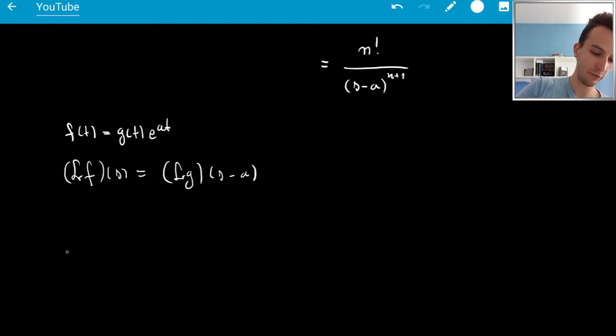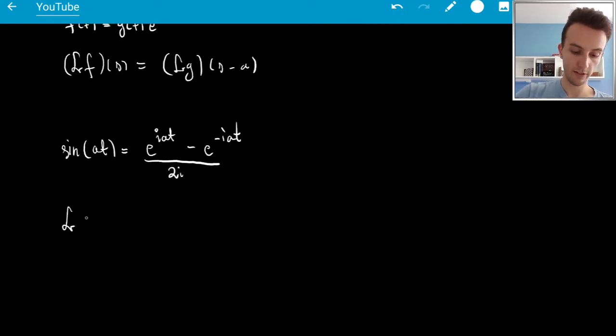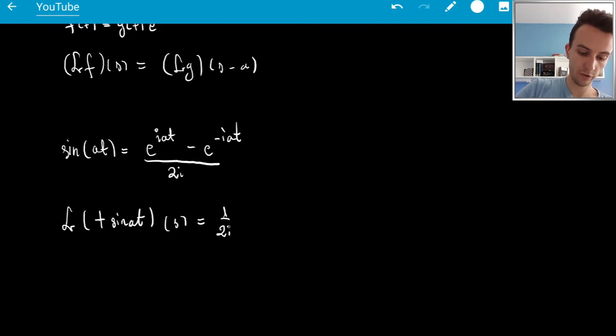So for example, sine of at is, of course, e to the iat minus e to the minus iat over 2i. And so the Laplace transform of t sine at, at s, is just 1 over 2i. The Laplace transform is linear because integration is linear.